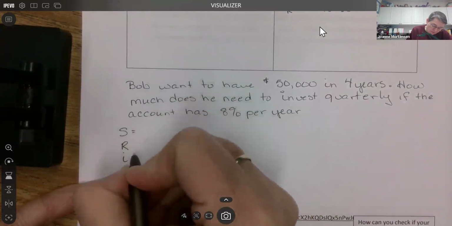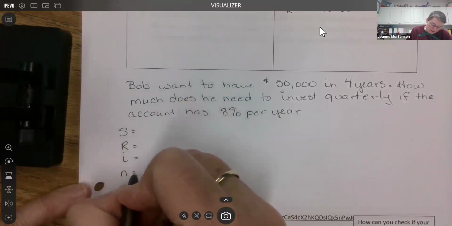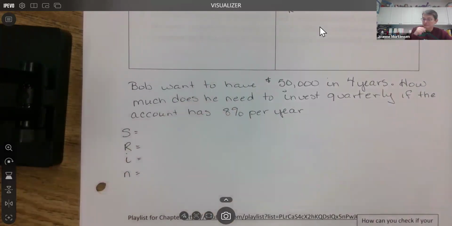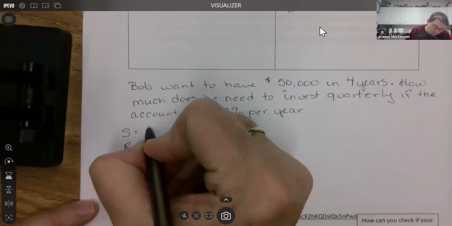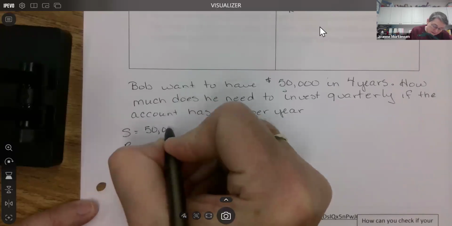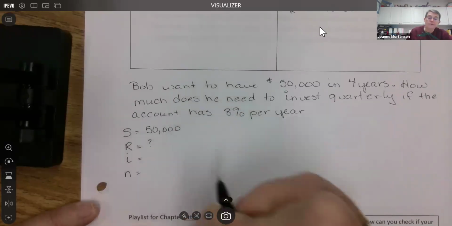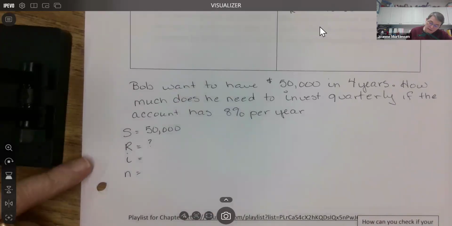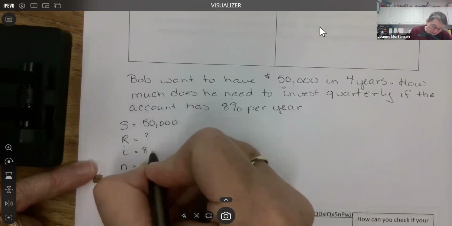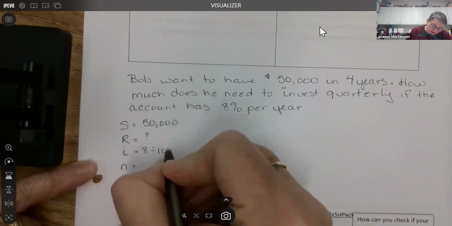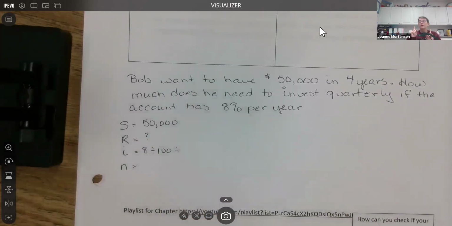Okay, S R I N, just like before. However, this time we need $50,000 at the end. We don't know how much our regular payment is. Our interest, 8% divided by 100 divided by, not always 12.